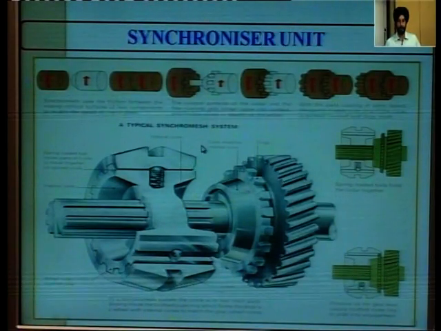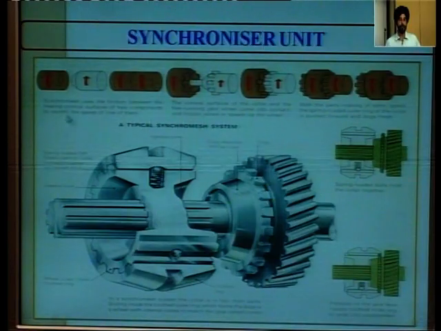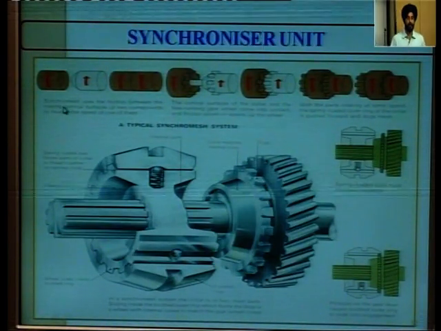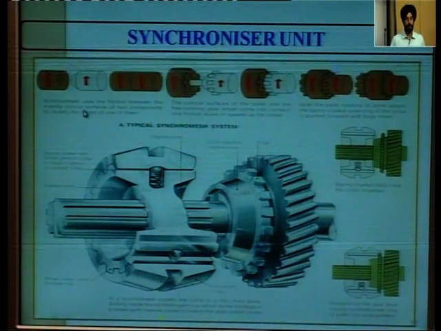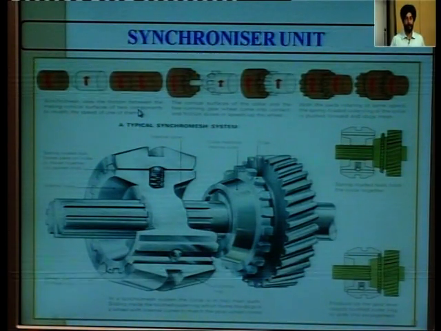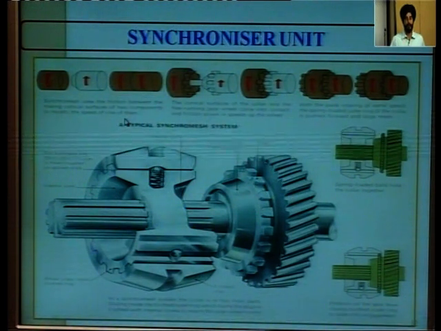This slide shows how the synchromesh works. See, in this first case, synchromesh uses the friction between the mating conical surfaces of the two components to modify the speed of one of them.